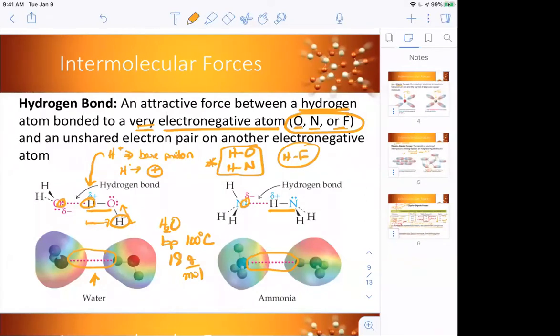It takes a lot of energy to pull water molecules apart from each other and go from liquid to vapor phase. So it's much higher than you would expect for something with that small a mass. The reason that boiling point is so high, comparatively speaking, is solely due to the magnitude of this very strong intermolecular force, which is the hydrogen bond.